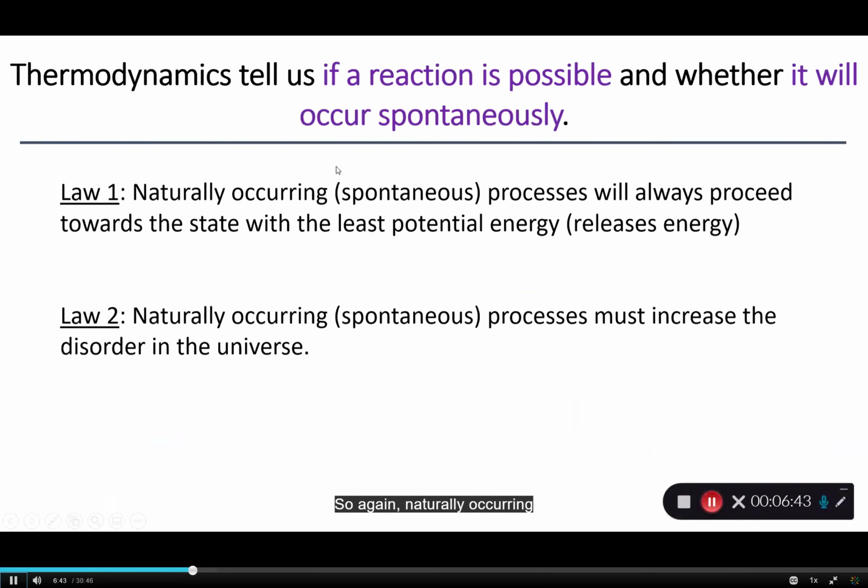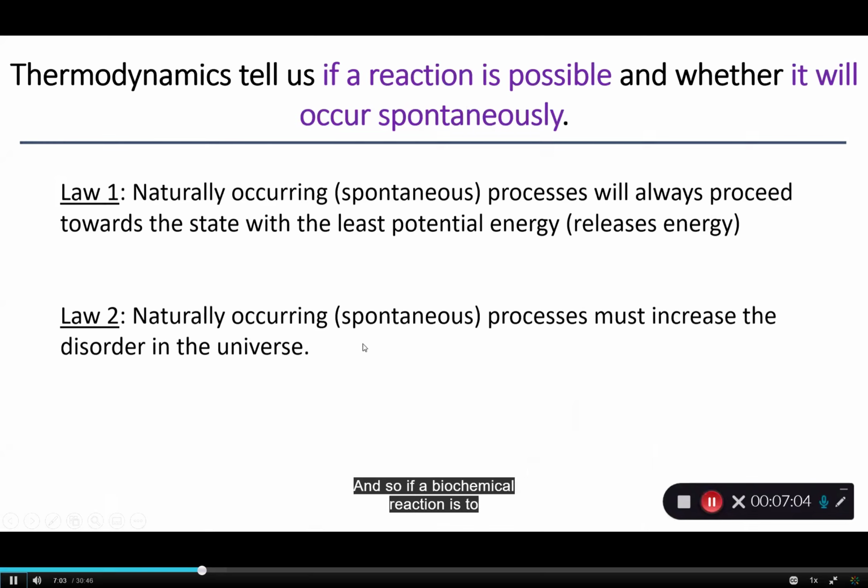So again, naturally occurring or spontaneous processes will always proceed towards the state with the least potential energy, or ones that release energy. The second law, which is related to entropy: naturally occurring processes or reactions must increase the disorder in the universe.